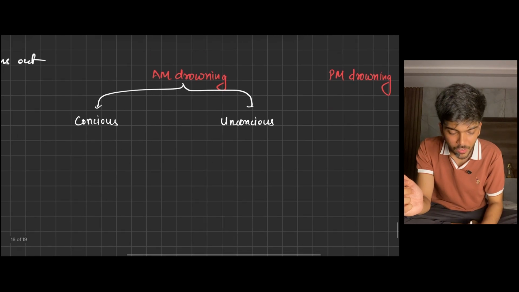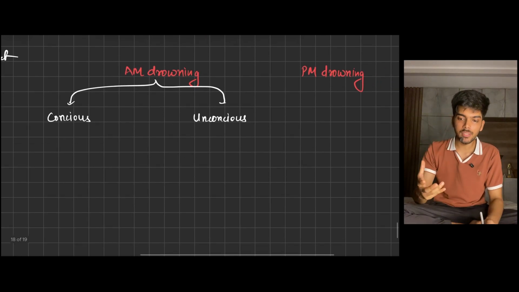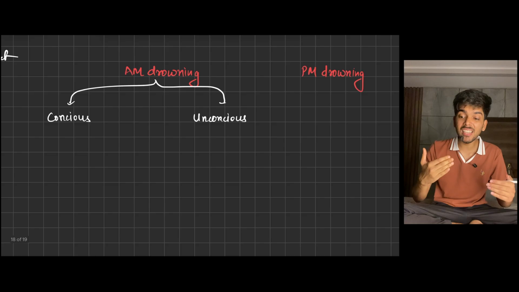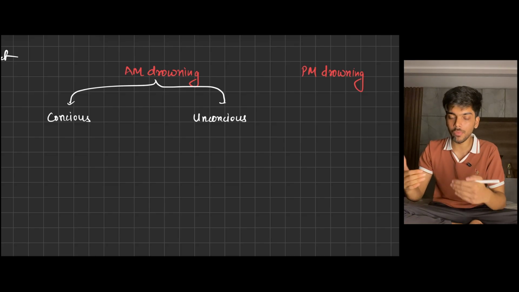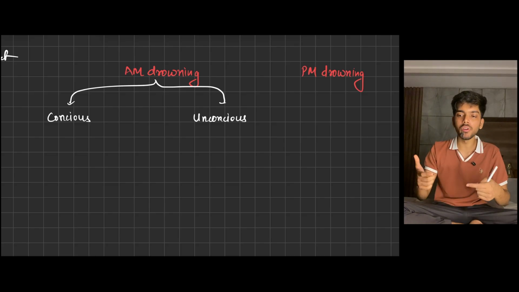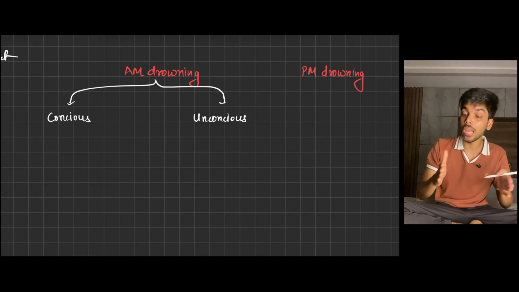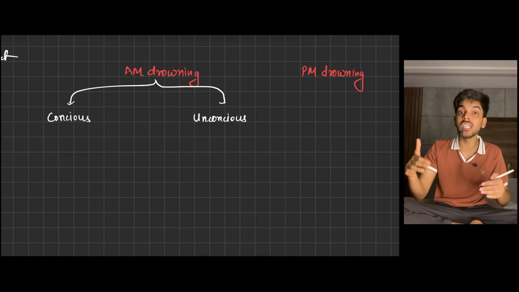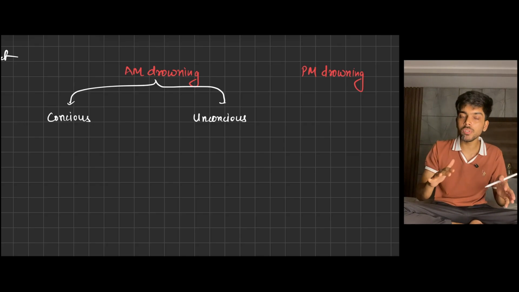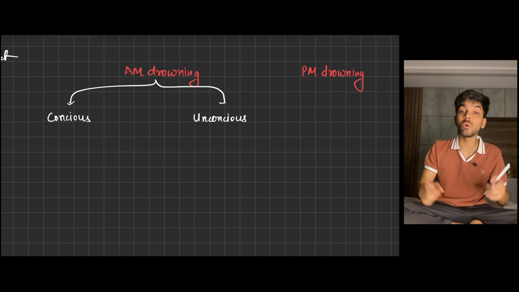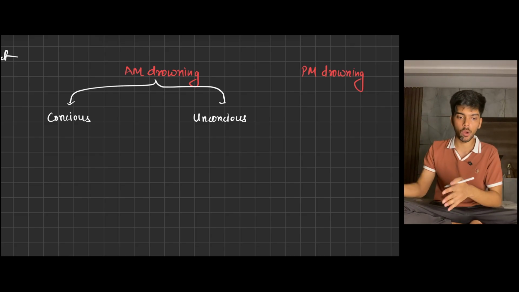If it is a case of conscious ante-mortem drowning, that means the person was conscious and alive at the time of drowning. Unconscious ante-mortem drowning means the person was alive but unconscious at the time of drowning. And post-mortem drowning means the person was already dead at the time of drowning.